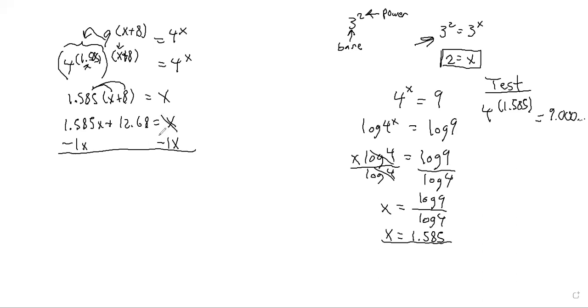This is going to be 0. And this side will leave us with 0.585x plus 12.68 equals 0. Now we're going to subtract 12.68 from both sides.